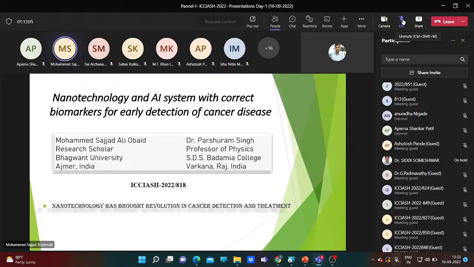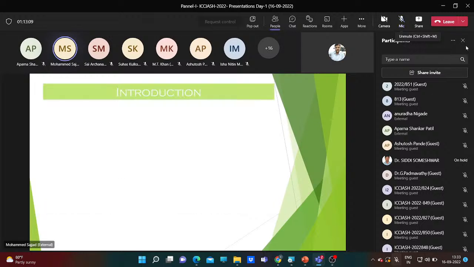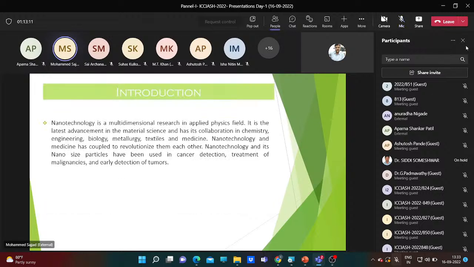Quickly, before moving into the actual topic, let me take you to the introduction, where nanotechnology is a multidimensional research field in applied physics. It is the latest advancement in material science and collaborates with chemistry, engineering, biology, metallurgy, textile and medicine. Nanotechnology and medicine have coupled to revolutionize each other.